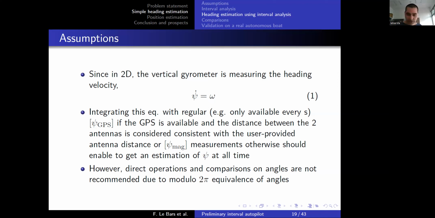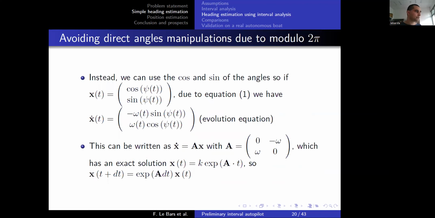So instead of working directly with operations on angles, we can manipulate the cos and sin of the angles, to be robust with respect to the modulo 2pi problem.